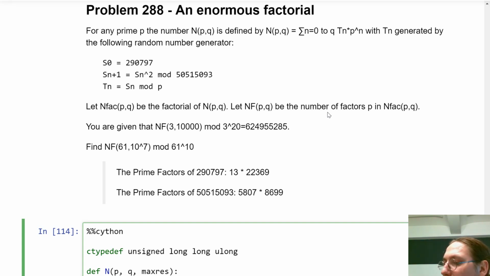It exists once at the 3, and another time at the 6, because the factorization of 6 is 3 and 2. So in this set we have 2 as our NF. That's at least what we think is going on. Of course, maybe you read this differently, I don't know.